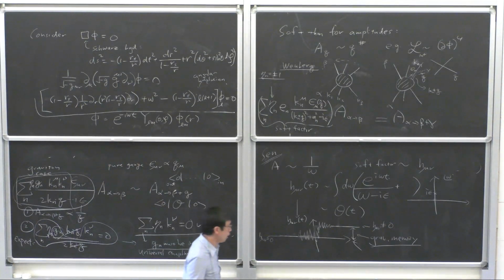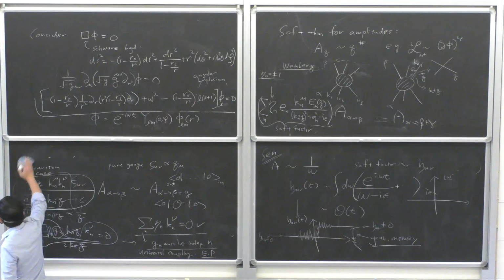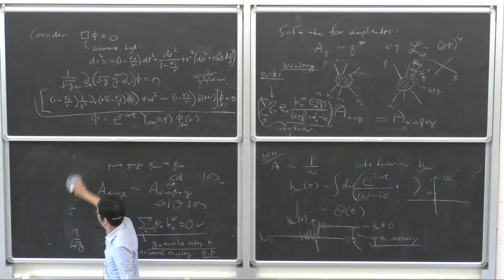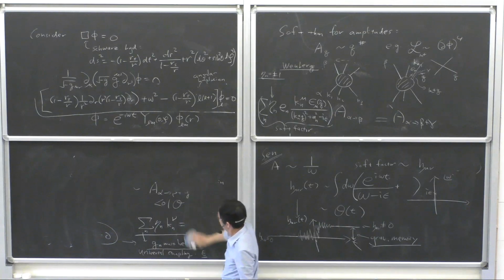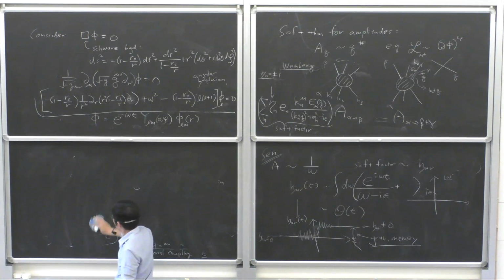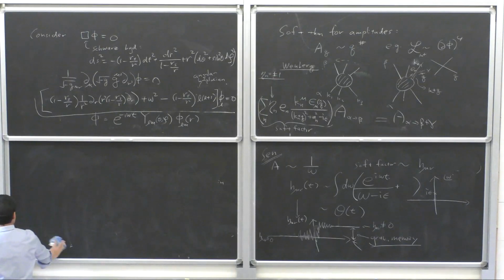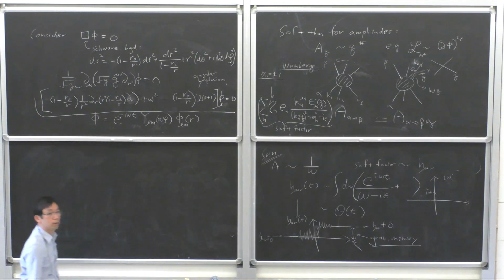And then I'm going to write it in a form that's convenient for thinking about it. And then I'll tell you what we are going to do with this form, and we'll do that tomorrow, okay? Any questions so far?